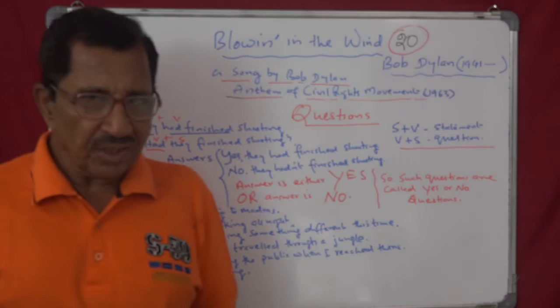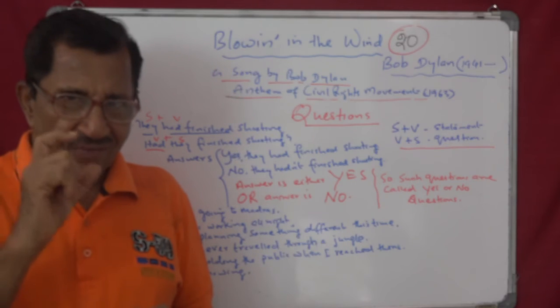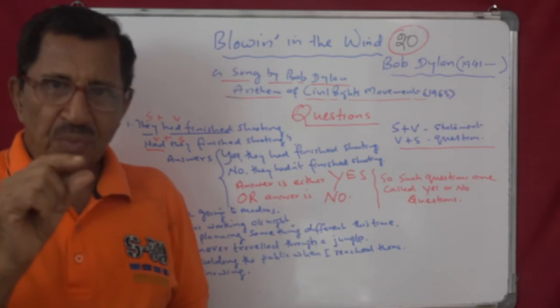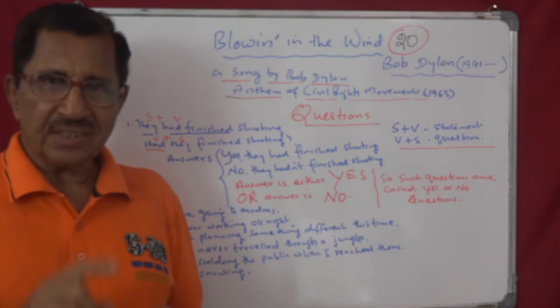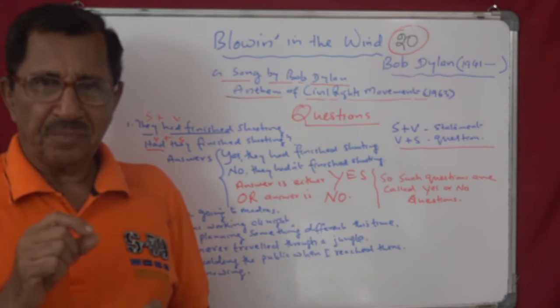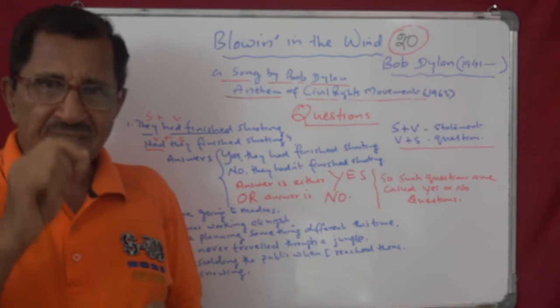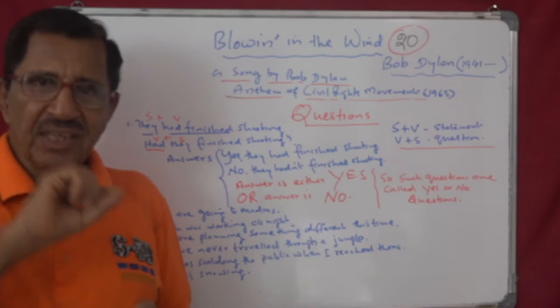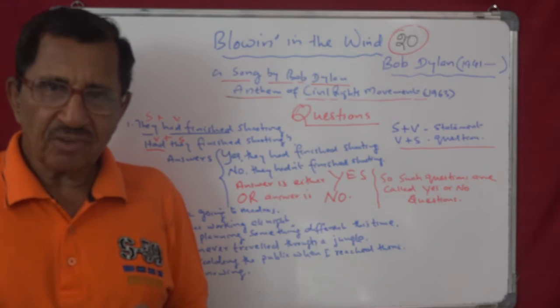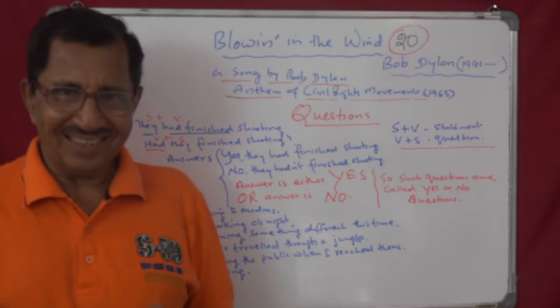The point to note is, if the verb has two or more members, take the first member and put it just before the subject of the statement. Then what will you get? You will get a question.